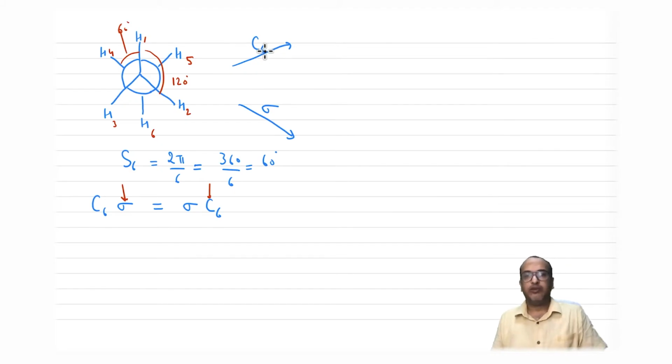Now if you do the C6 operation first, this C6 operation means that H1 will move to this part, H3 will move to this part, H2 will move by 60 degrees. Every proton will move by 60 degrees. So how does it look?